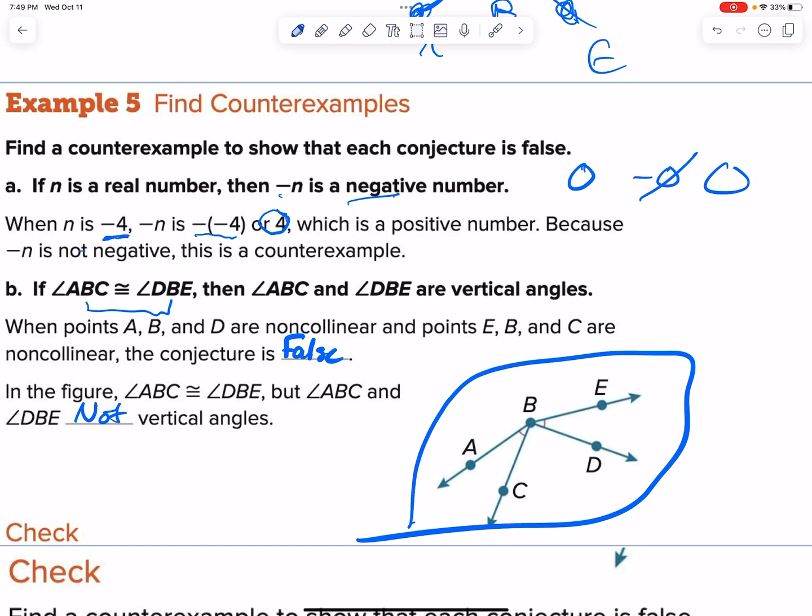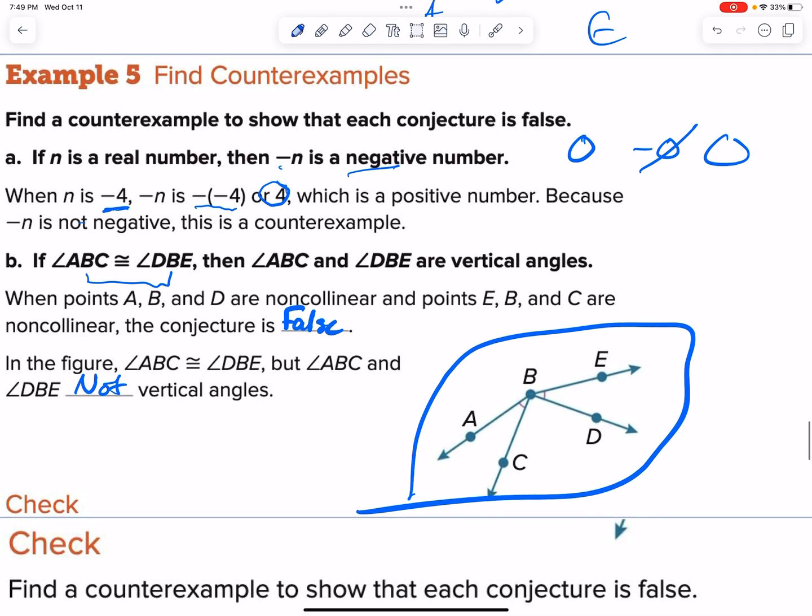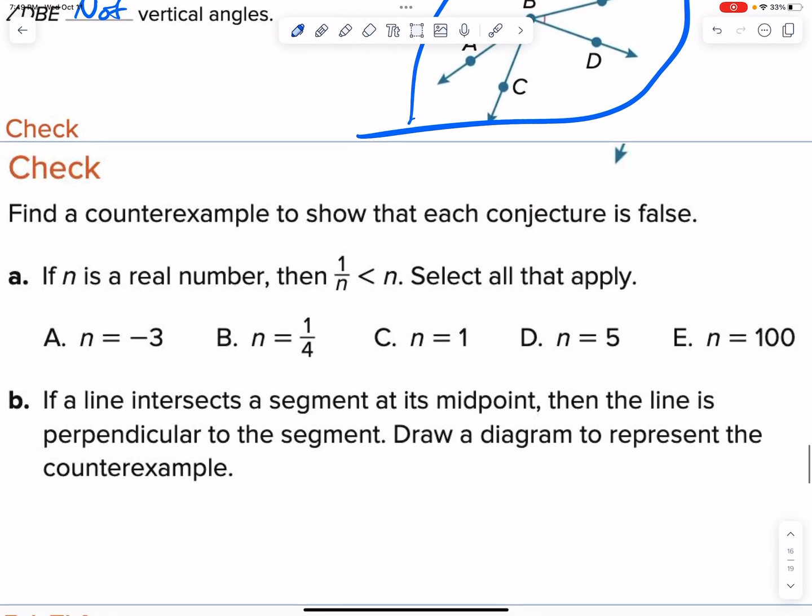You can just give a specific case where it's not true. Okay, so on this skill check, plug in these numbers and see which one of them would work as a counterexample, in other words, would disprove this statement right here. And then illustrate on part B something that would work to make that not true. So again, pause and try it.